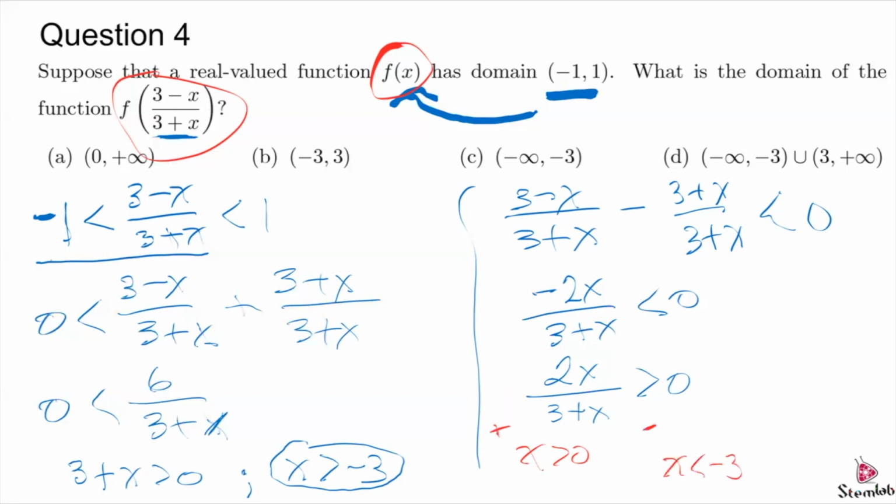The overlap conditions, therefore, are x greater than 0 and x greater than -3. And since we just want the overlap, then it's just x greater than 0. So x greater than 0 here will be 0 to positive infinity. Okay, moving on to the next question.